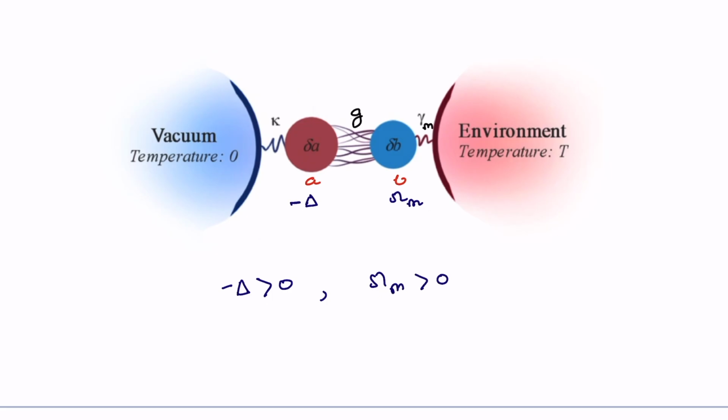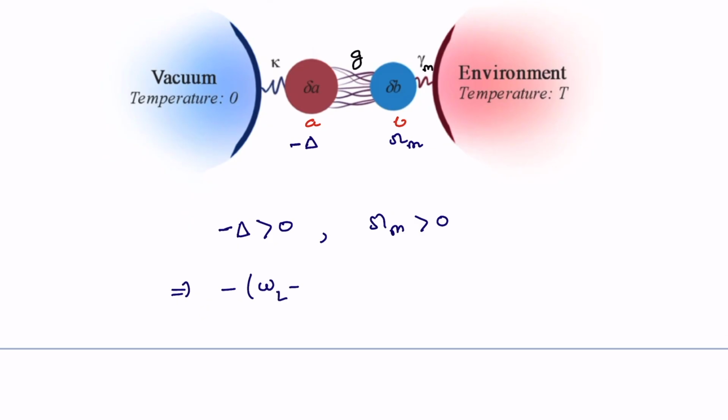Now you see the optical oscillator is connected to the vacuum, which is at temperature 0, and the mechanical oscillator is connected to a finite temperature. So what happens because of this coupling is that the temperature of the mechanical oscillator comes down, provided we have minus delta greater than 0. This means that delta is equal to omega L minus omega 0, and that should be less than 0.